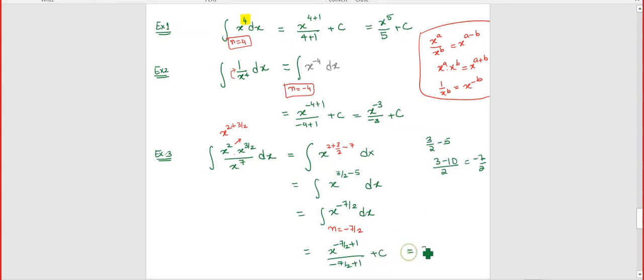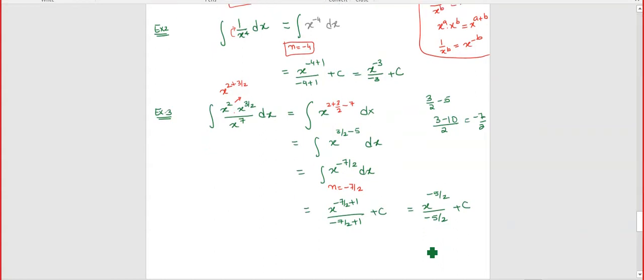And when you simplify it, it will give you x to the power minus 5 over 2 over minus 5 over 2, plus c. You can further rewrite this term by taking this 2 into the numerator: minus 2 over 5 x to the power minus 5 over 2 plus c.